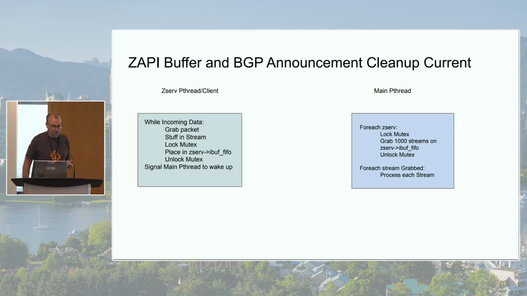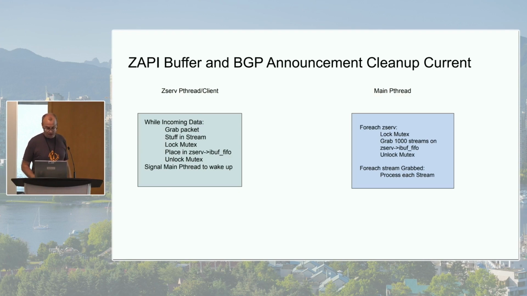All that Zebra does is that while there's incoming data, I grab the packet of data, I stuff it in a stream, and I place it on an input buffer, and I do that as fast as I can. Once I've got no more data to read, I signal to the main pthread to wake up. The main pthread wakes up, grabs 1,000 streams off of the FIFO, and processes each stream, and does that in a loop forever if there's incoming data.